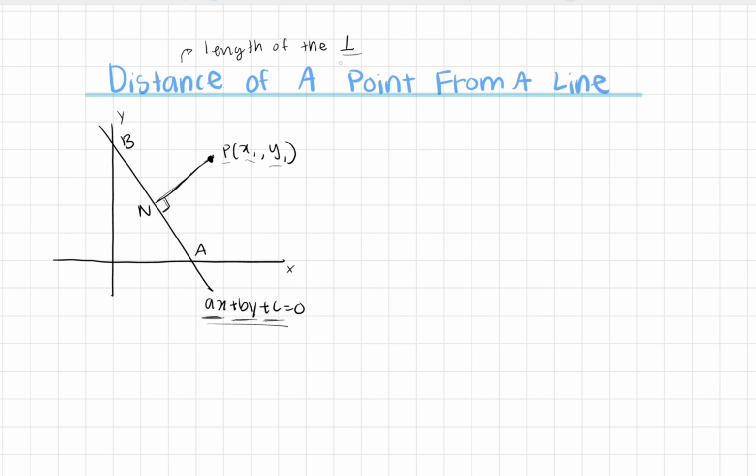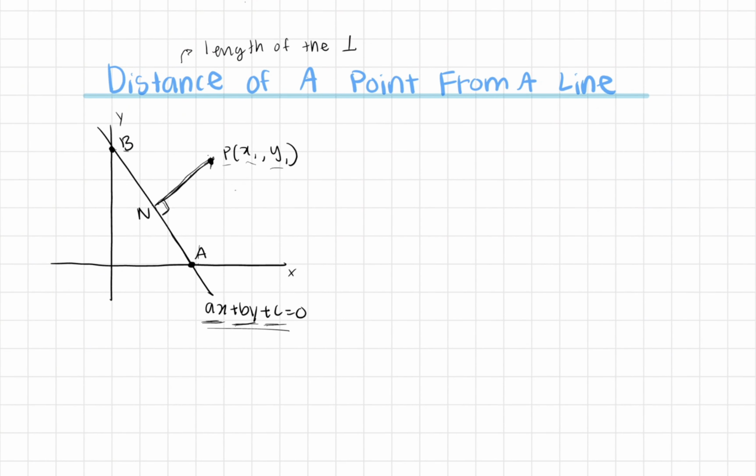So I'm just going to abbreviate that for short. It's saying length of the perpendicular. So it does not mean this. It does not mean find the length of this, since when it reaches the line, this is obviously not perpendicular. Instead, it means this, PN. So we have to find the length of line PN. If we find the length of line PN, then we have found the distance of a point from a line.